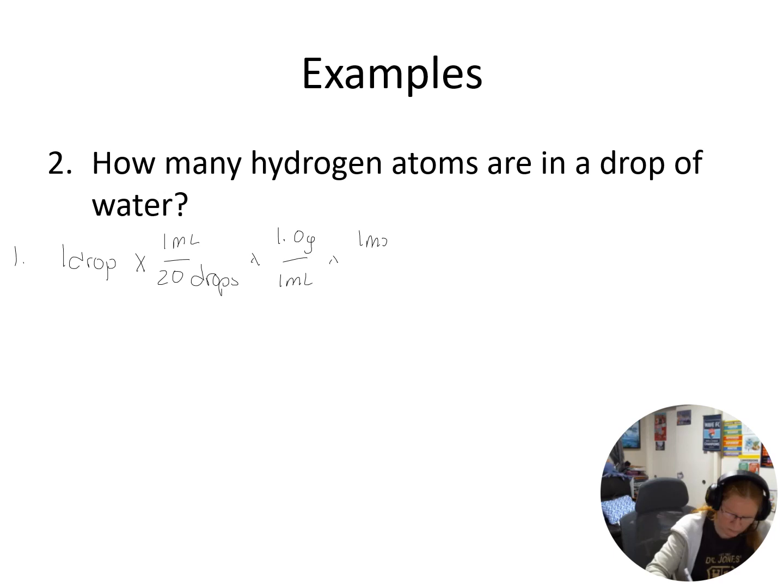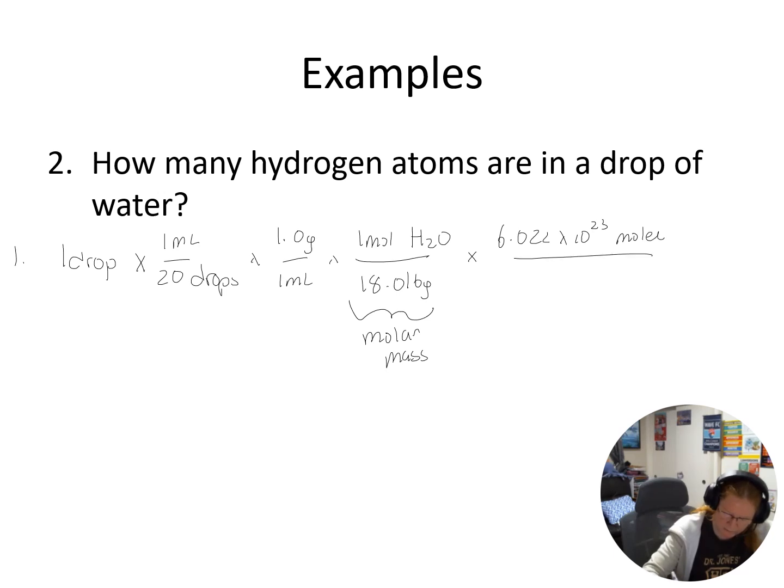And 1 mole of water for every 18.016 grams. And so this is our molar mass. And we have 6.022 times 10 to the 23rd molecules in every 1 mole. And so that's going to give us 1.7 times 10 to the 21st molecules of water.